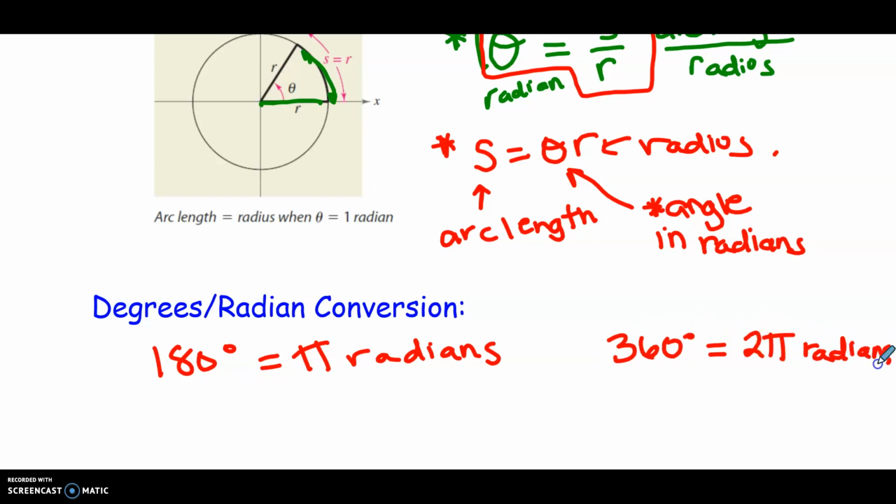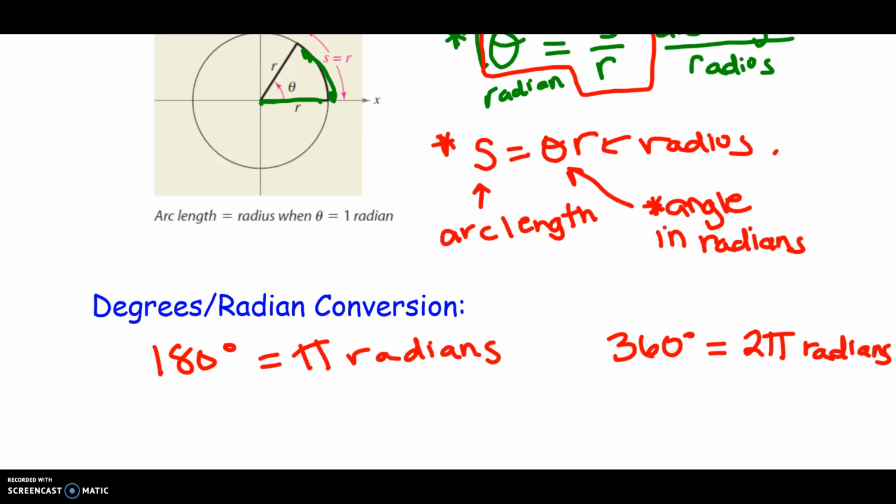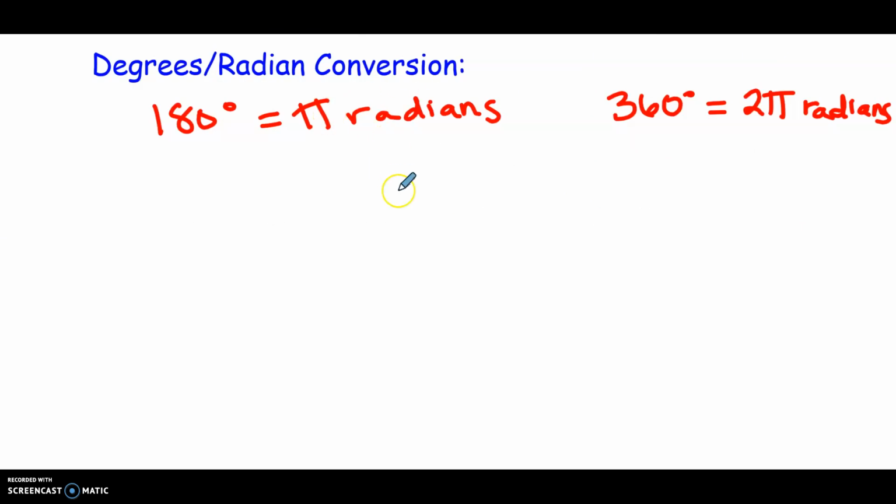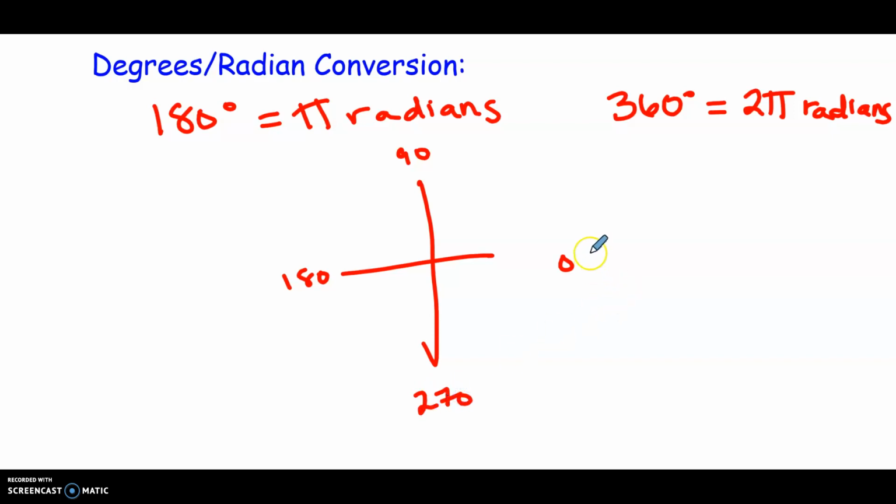So if I wanted to go ahead and draw my X and Y axis, instead of saying 0 degrees, 90 degrees, 180 degrees, 270, 360, as I did before, I want to write it in radians. So we know that for 180, I can write pi.